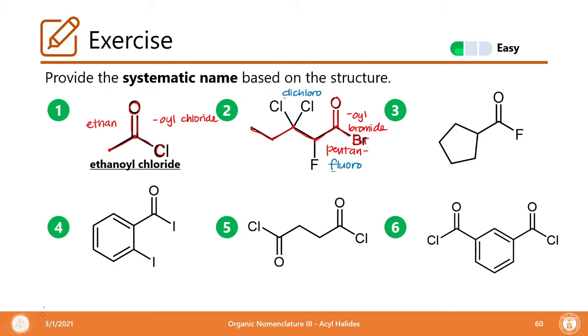We do locant numbering. We have 1, 2, 3, 4, and 5. And then we assemble the name.